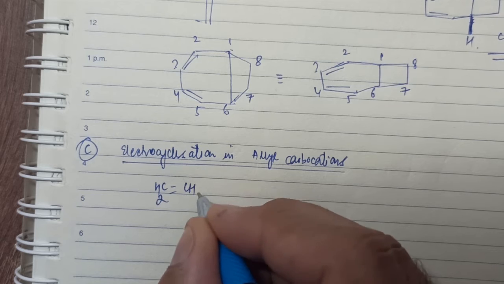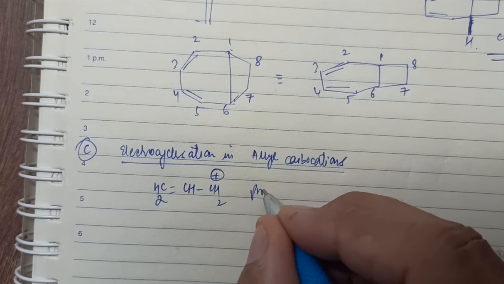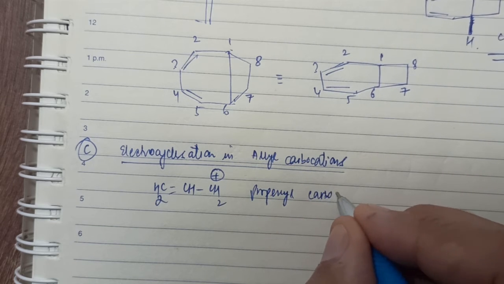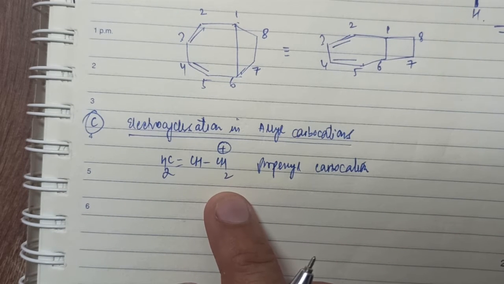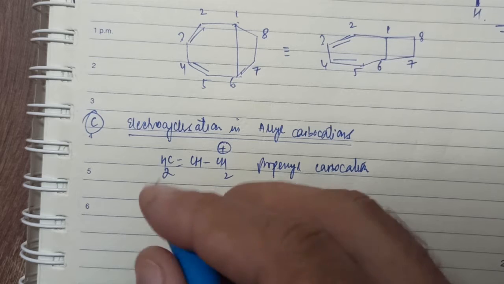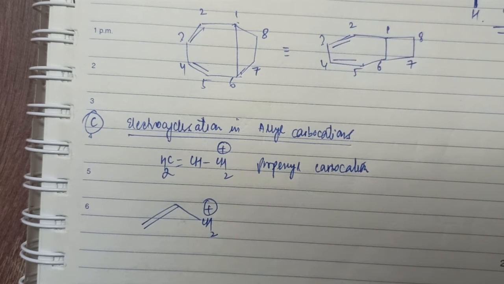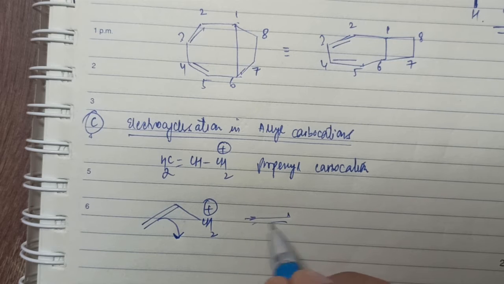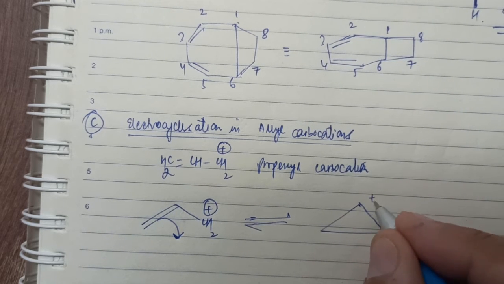You should have this kind of a system, allyl, or you can also call it propenyl carbocation. This kind of system is acyclic to start with. They can cyclize in a similar fashion as in all electrocyclic reactions. Let's say this one. Again, this can cyclize in such a way that this double bond moves here, and this results in the formation of a cyclic 3-membered ring with the positive charge now carried on this.